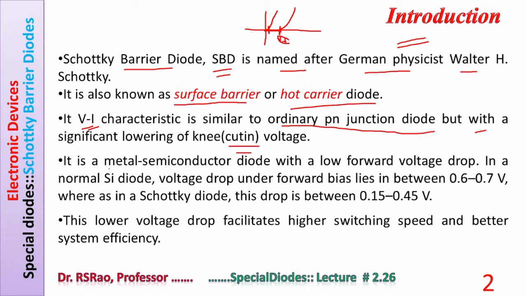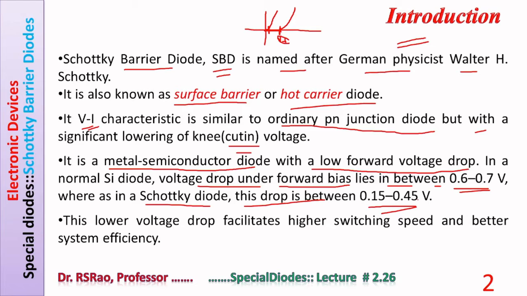It is a metal semiconductor diode, as already mentioned, with a low forward voltage drop. In a normal silicon diode, the voltage drop under forward bias lies between 0.6 to 0.7 volts, whereas in a Schottky diode, this drop is between 0.15 to 0.45 volts. So a significant feature of SBDs is its low forward voltage drop.